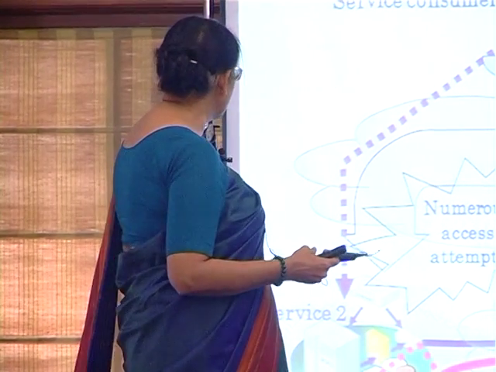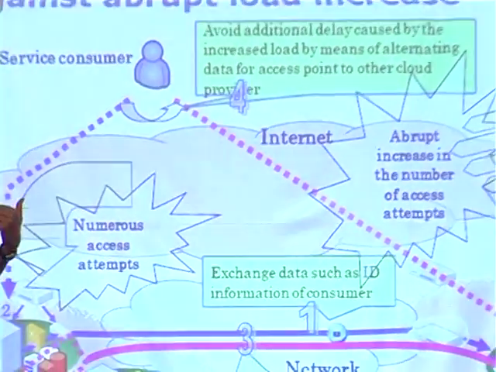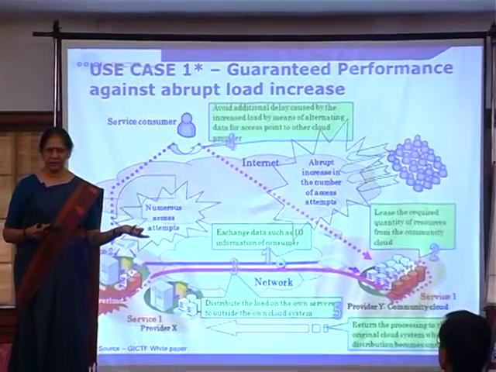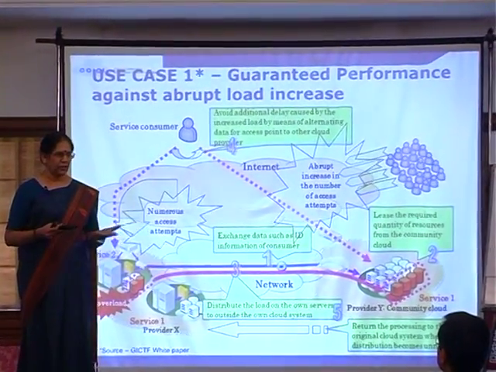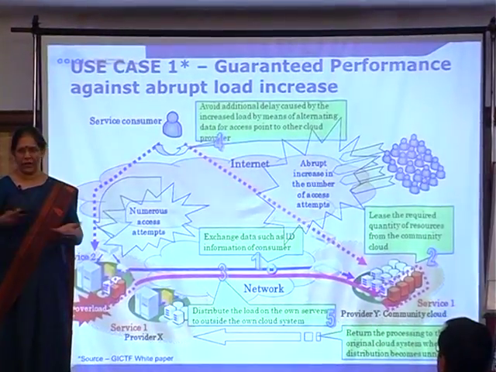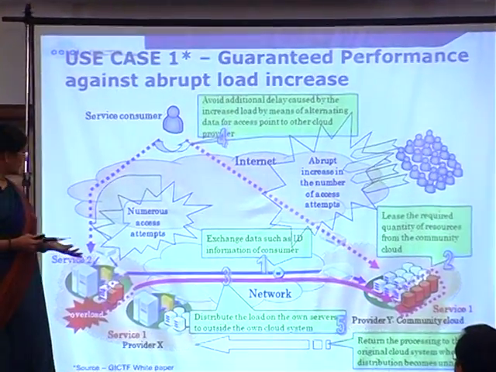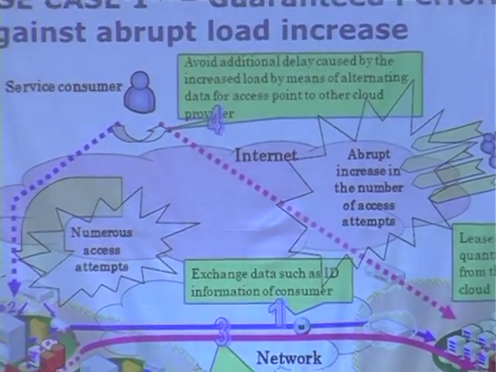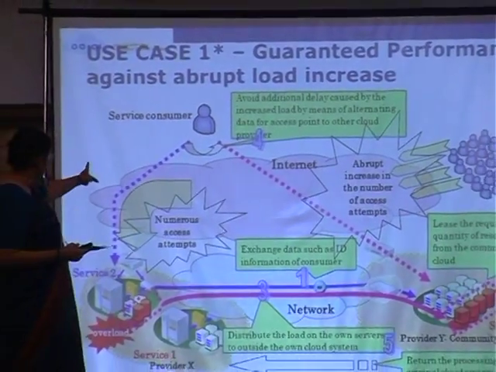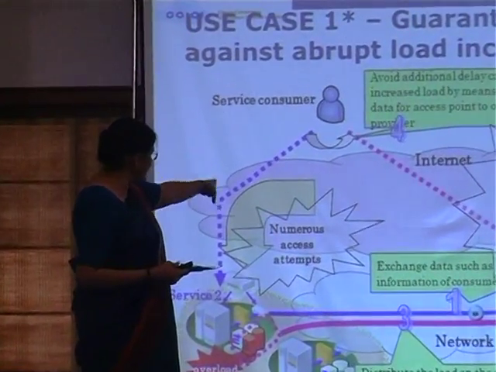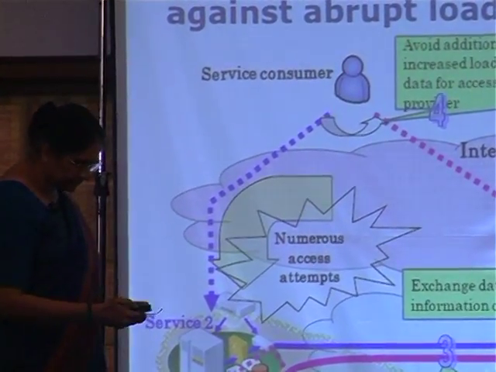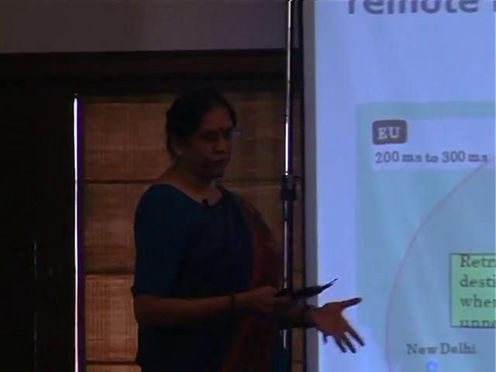So based on your SLA, the service provider has negotiated SLAs with other cloud service providers so that when he runs out of capacity, he can go and get capacity from somebody else. And that's essentially what happens, right? When you have two services running simultaneously, one of them gets overloaded, there's an SLA in place, the traffic immediately gets directed to the other service provider. All of this needs standards.